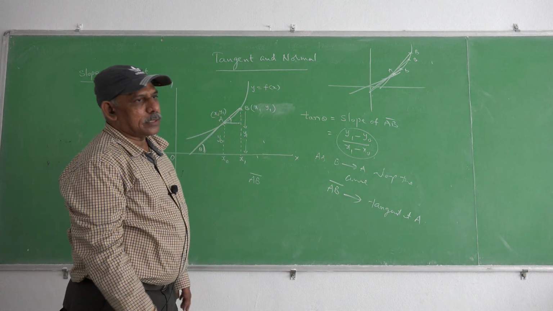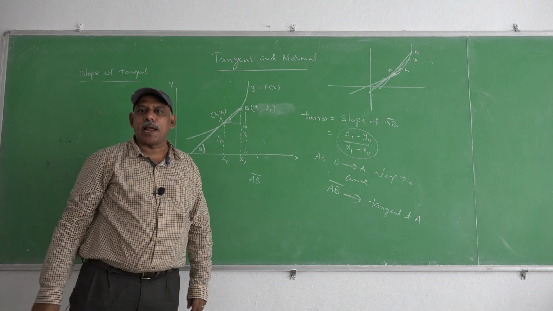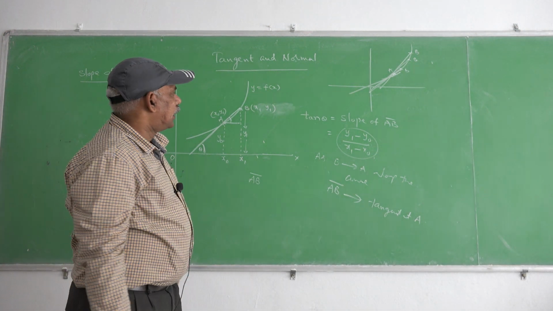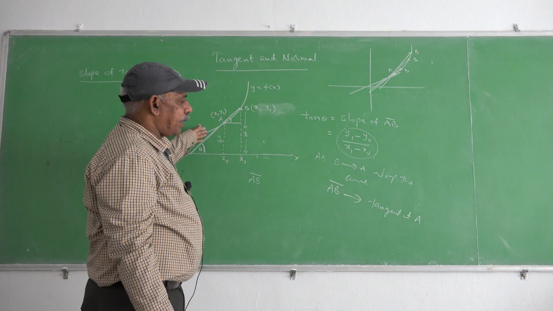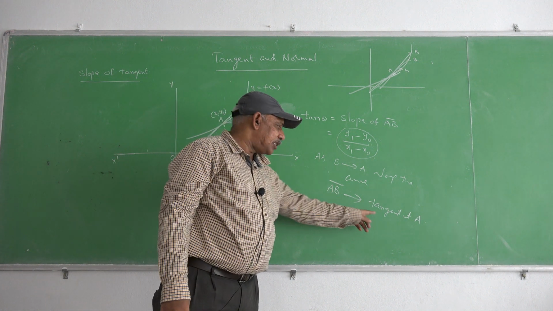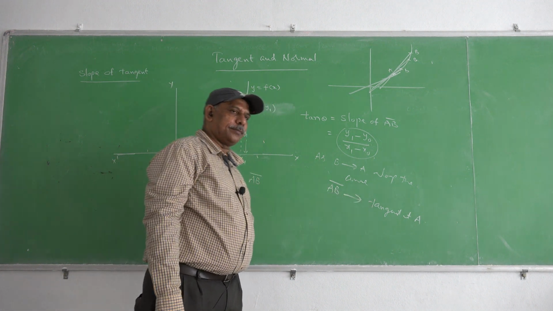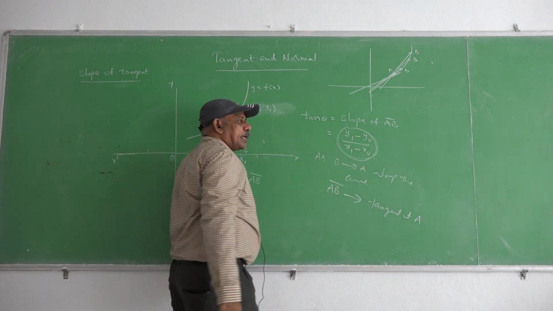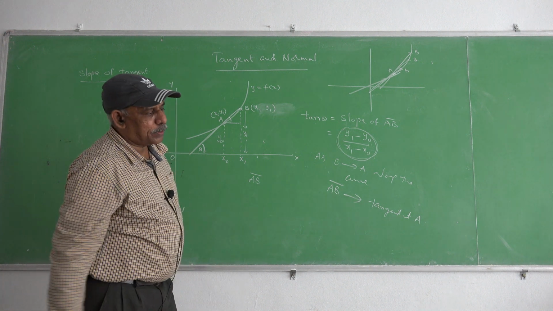So, once B goes to A along the curve, the chord AB reaches the tangent at A. In such a case, this slope gives us the tangent slope.